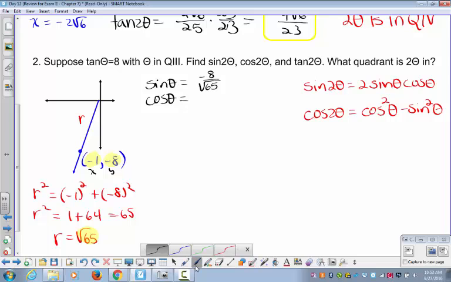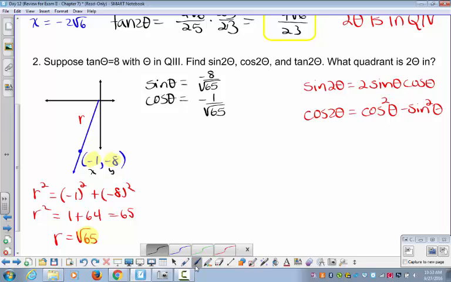And then cosine is negative 1 over square root of 65. Do we rationalize the denominator? Yeah, you can do that. You don't have to right now. We can do it at the end.